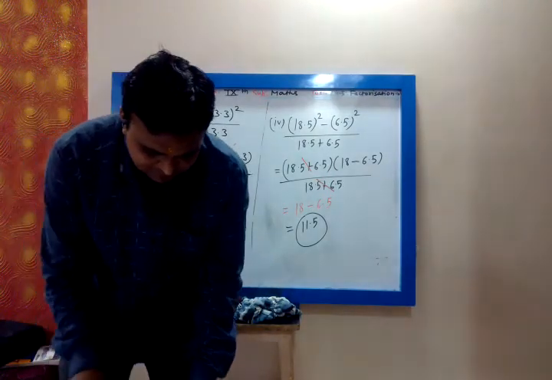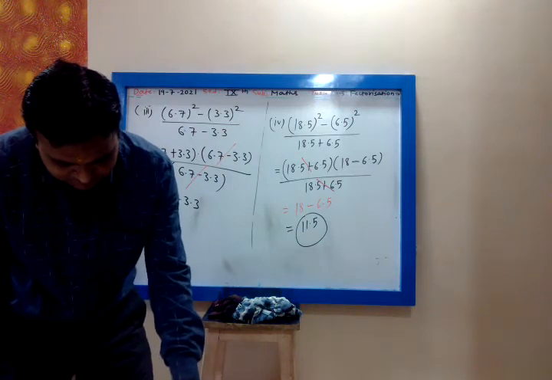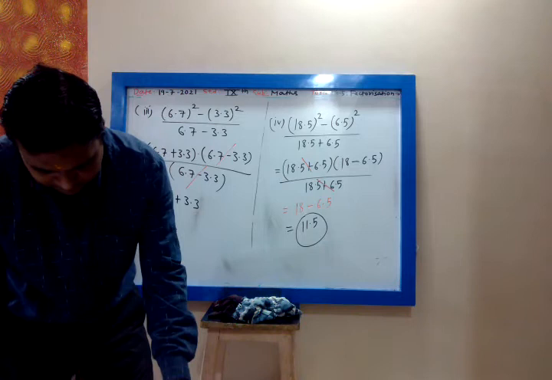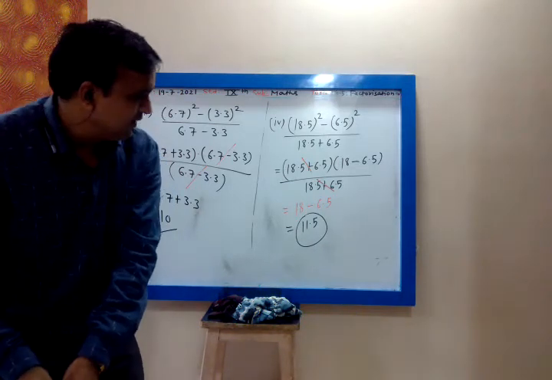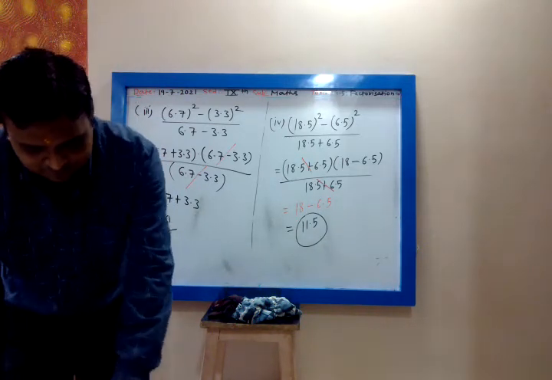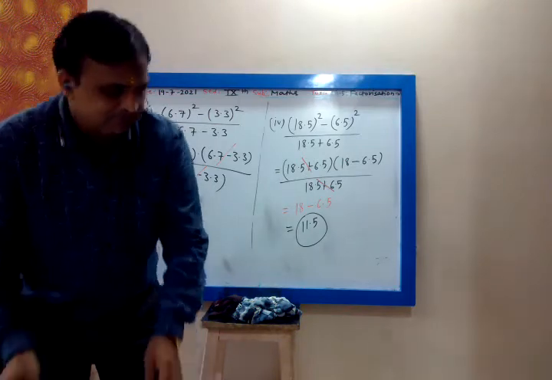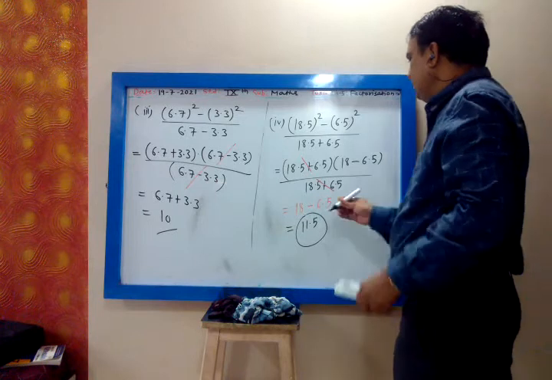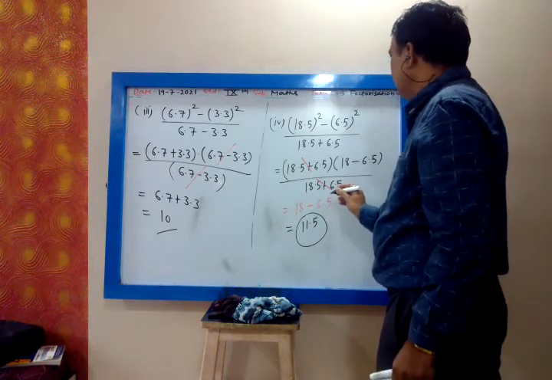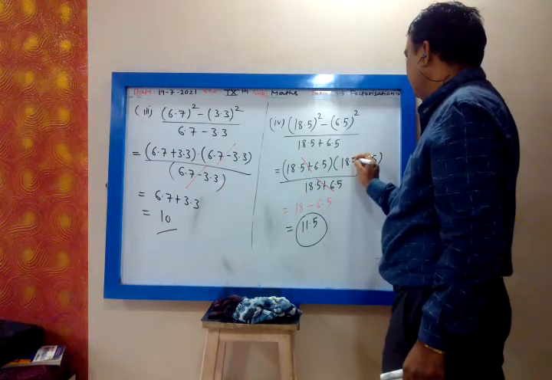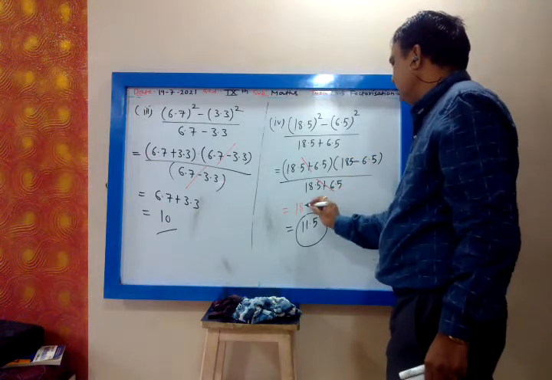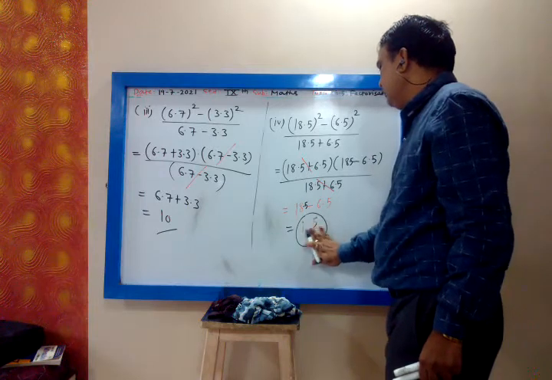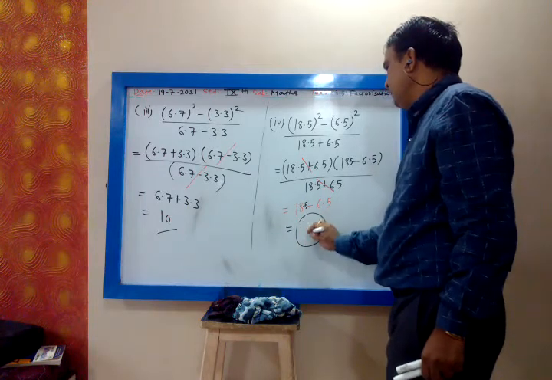factorization. Now you write one surprise test. Let me give you a surprise test. Sorry, it is 18.5 minus 6.5, which will be 12.